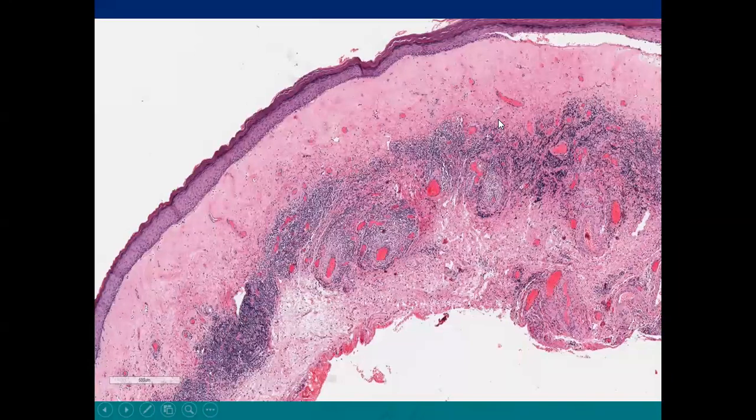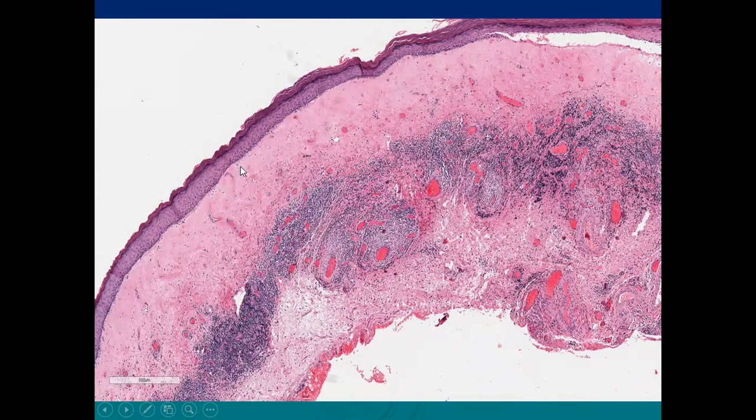There is another slide now on your screen in which you have to notice a few typical features. The first is the epidermal atrophy with loss of rete ridges. Then there is a dense zone of hyalinization. This hyalinization is different from the normal dermis because here there is no particular definition of collagen bundles like you can see here.